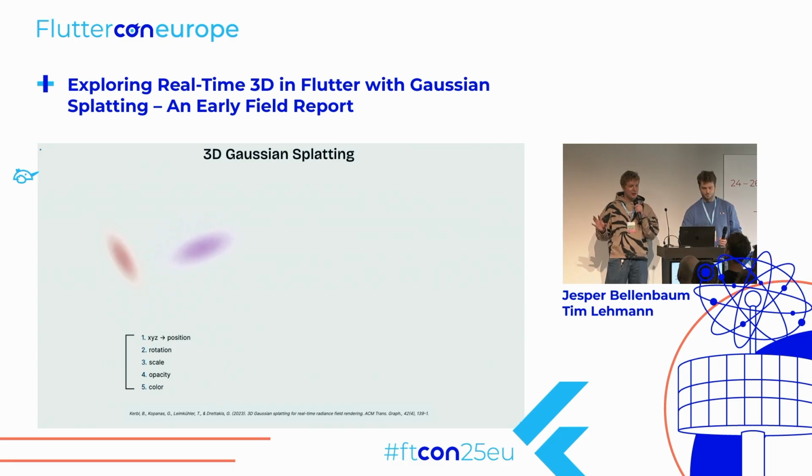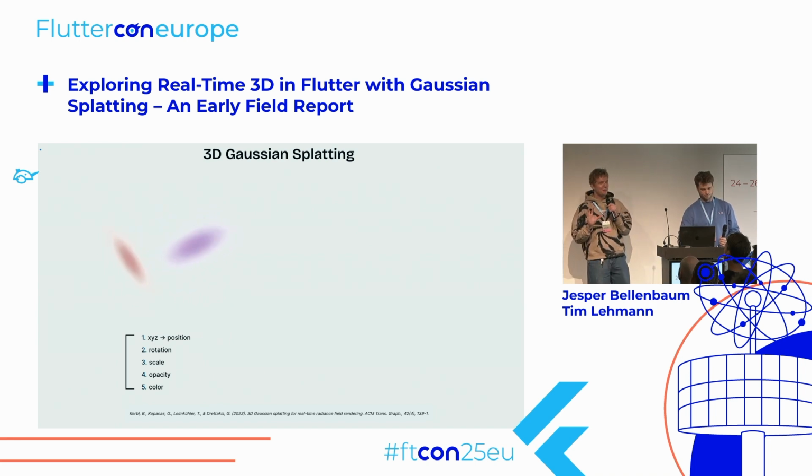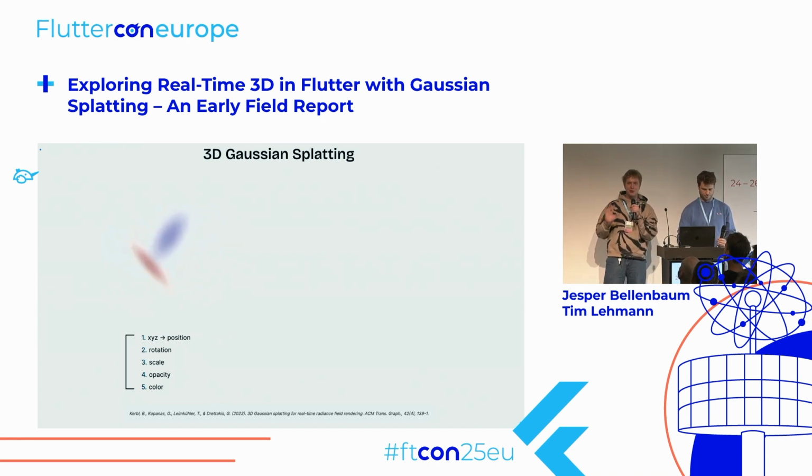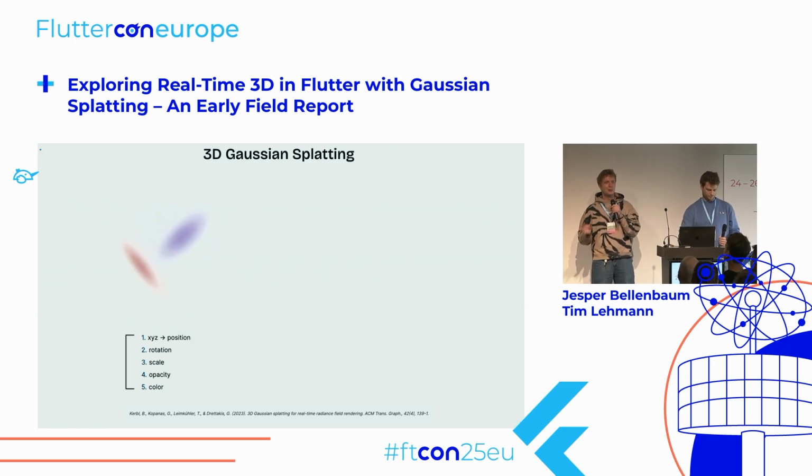One key thing to note here is that if you look at the one that's purple right now, you can see that it changes color depending on the viewing direction. That is an important part of this that we're sort of going to gloss over because it's quite complicated, but it's going to come into play later again.